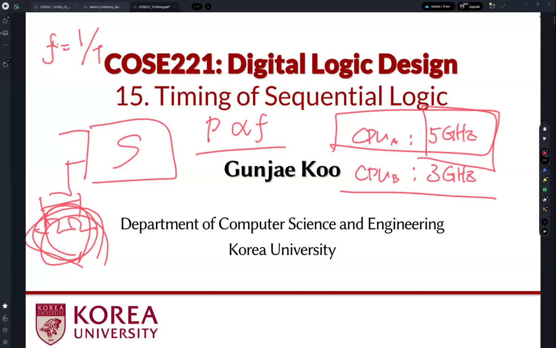And the period of this clock signal is determined by the delays, the timing properties of D flip-flops and combinational logic. That's why I said today's topic is very important. I hope you can understand how the clock period is determined in a digital system.